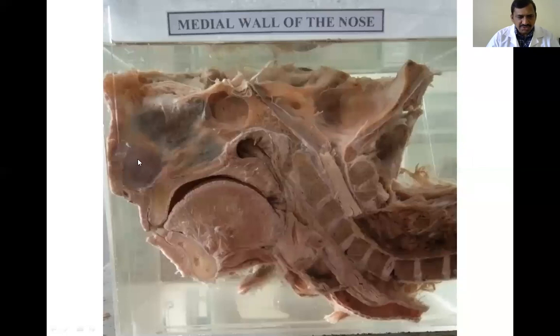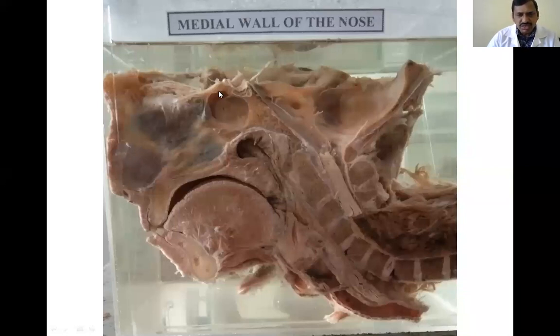All these arteries are anastomosed here. This area is called Little's area or Kiesselbach's area, and it is the area most commonly prone to bleeding from the nose, that is epistaxis. Any ulcer or damage here produces profuse bleeding. Okay, this is the area.